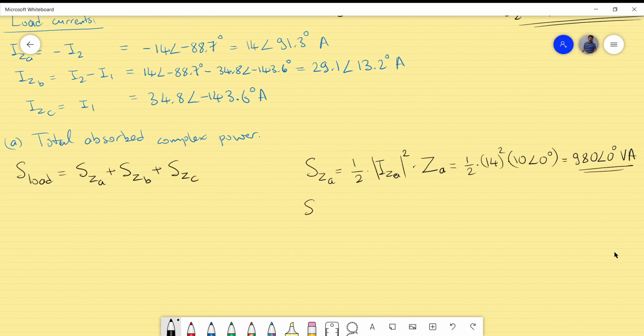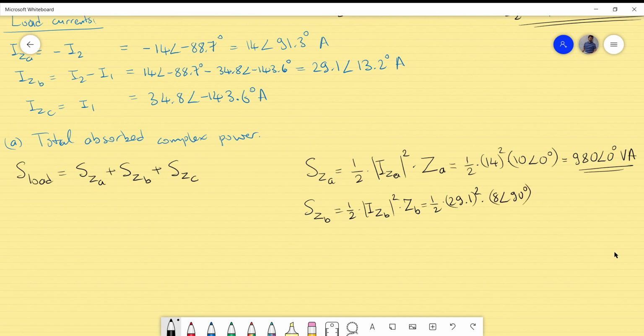For the second one, for ZB, again the same procedure. 0.5 times the I_ZB amplitude squared times ZB. The amplitude is 29.1 squared, and ZB was just inductive, j8, which will be 8 phase 90 degrees.